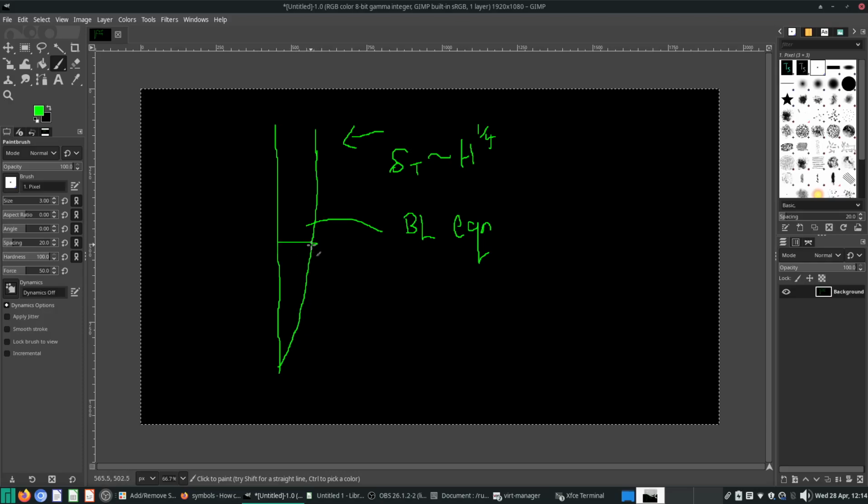We integrate them across the whole boundary layer, from 0 to, let's say, x equals delta, delta t or delta p, where this is the momentum boundary layer thickness, dx.